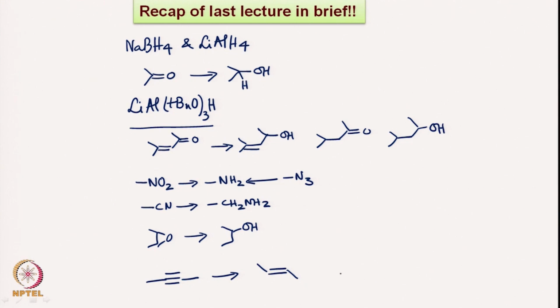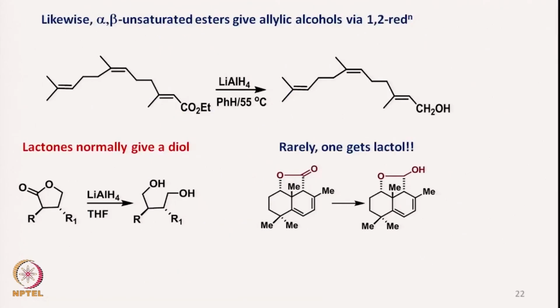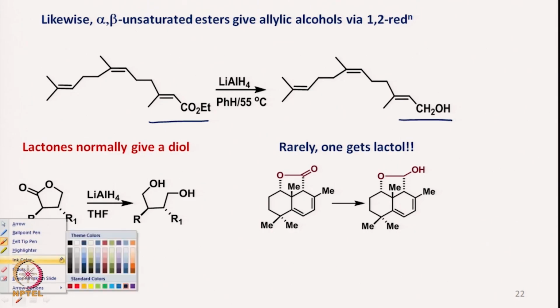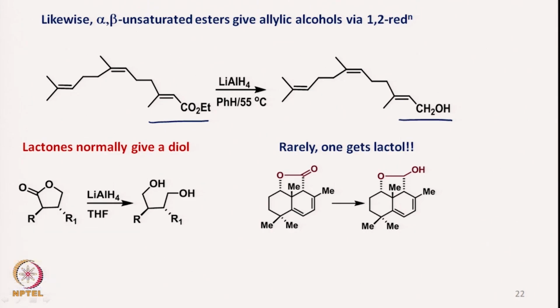So these are the various things that we discussed last time. Now we look at not only alpha beta unsaturated ketones or aldehydes, but also alpha beta unsaturated esters such as this, which can be reduced to the corresponding allylic alcohols by reacting with lithium aluminum hydride.